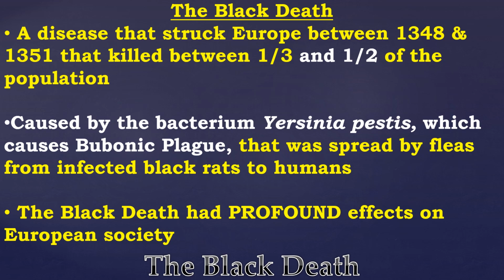We're going to spend most of the lecture today talking about how the Black Death had profound effects on European society, and that's definitely something you should know for your quiz and final exam.